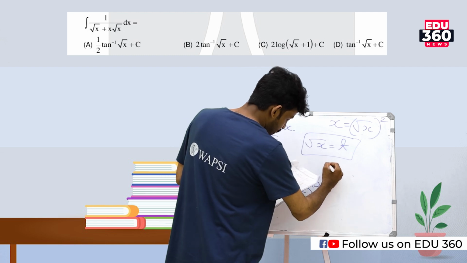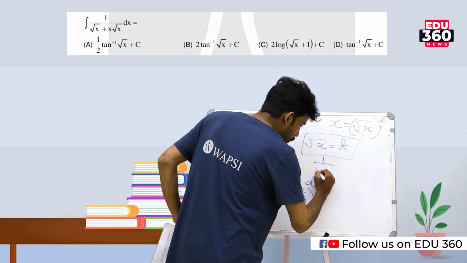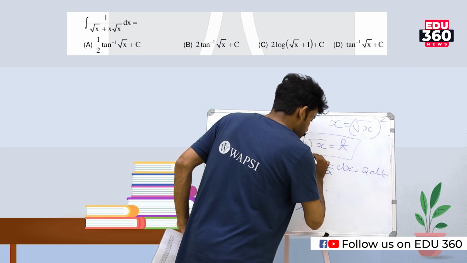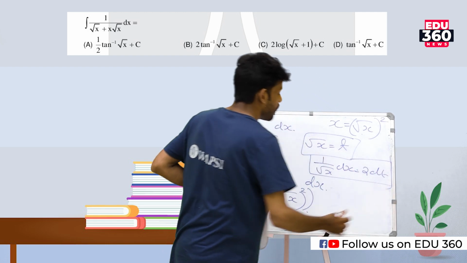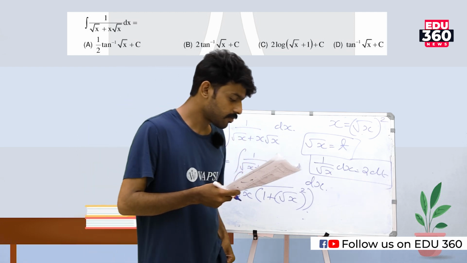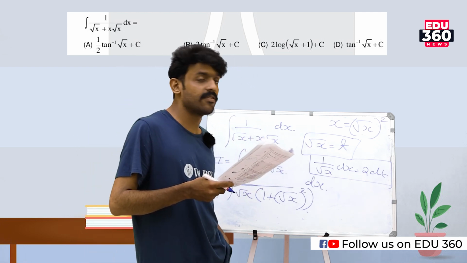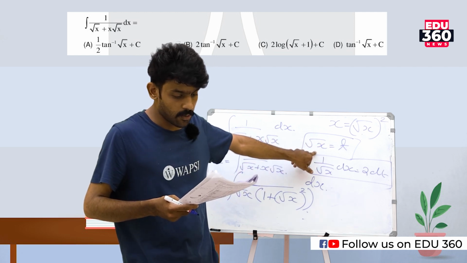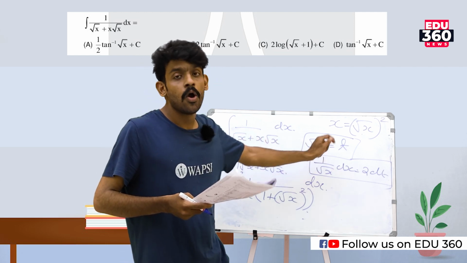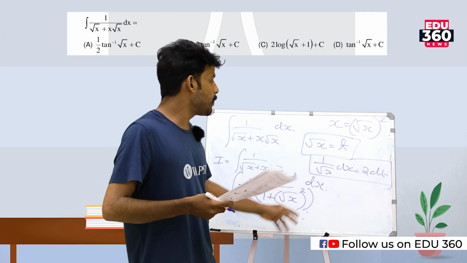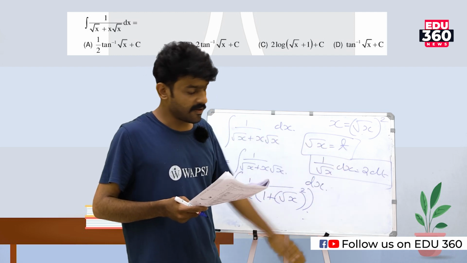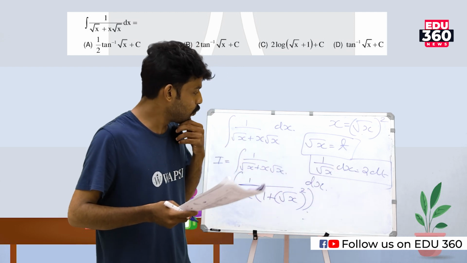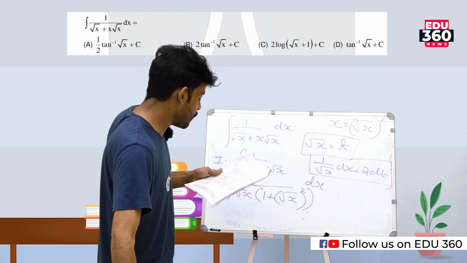So after rearranging we can write 1 by root x dx is equal to 2 dt. So in the next step we can substitute.